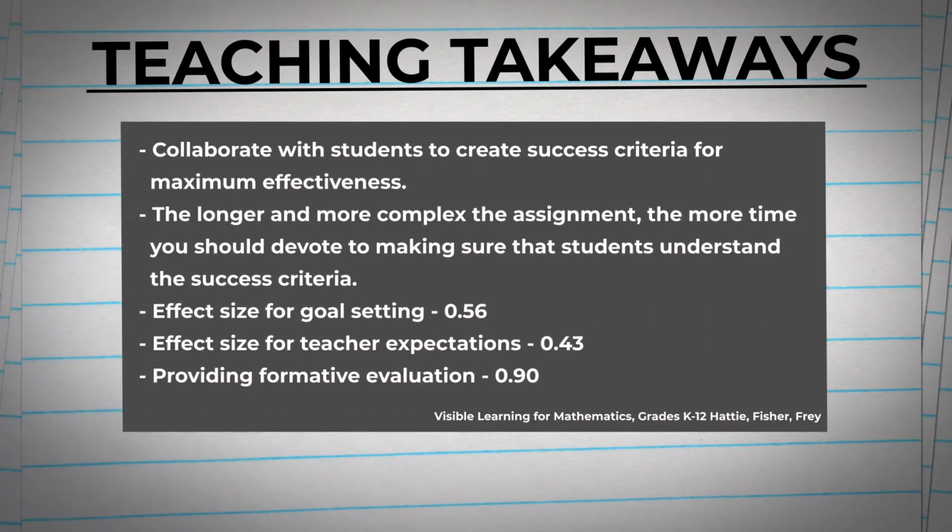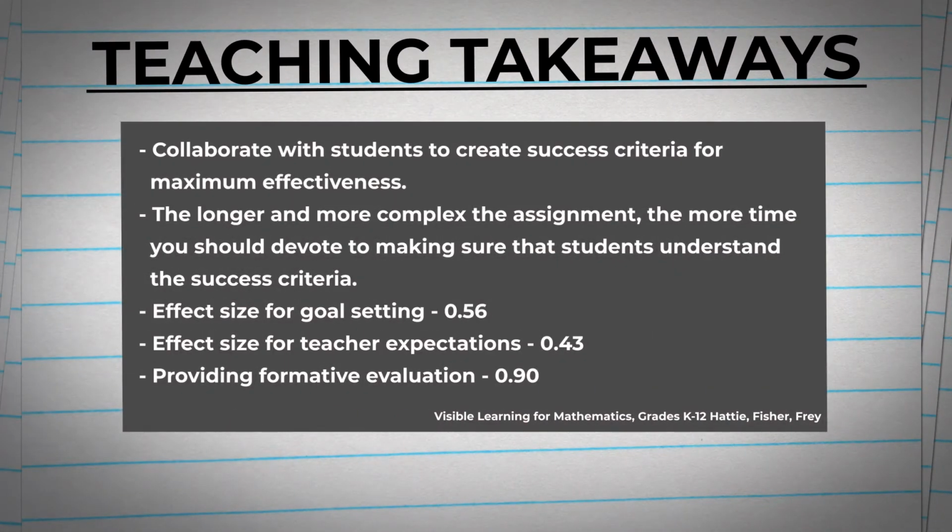Finally, let students assess a completed task to determine the success criteria. The longer and more complex the assignment, the more time you should devote to making sure that students understand the success criteria.